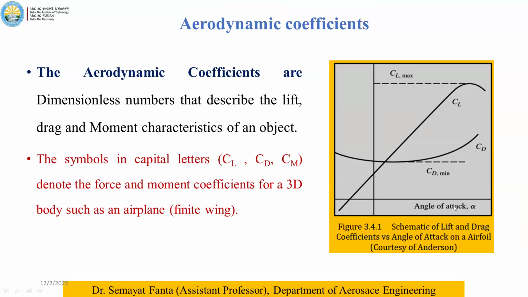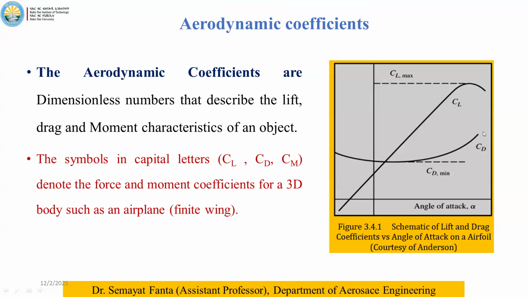We also have another diagram here, which is called the drag diagram. As we discussed before, the total drag is the sum of induced drag and parasite drag. So that drag curve is a parabolic curve, an upward parabola: CD equals CD0 plus K CL squared.